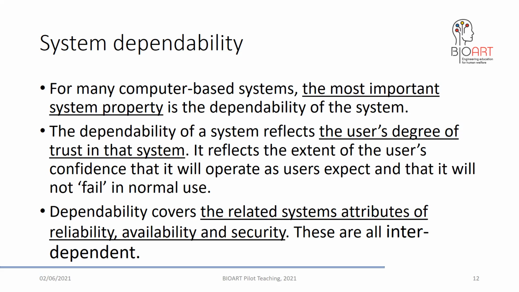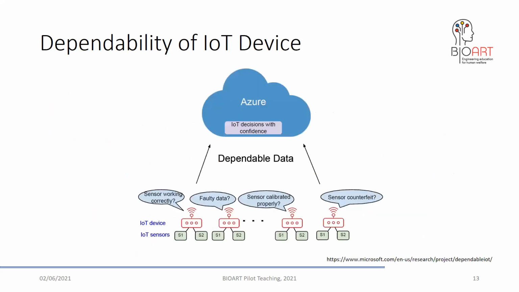It reflects the extent of the user's confidence that it will operate as users expect and that it will not fail in normal use. Dependability covers such system attributes as reliability, availability, and security. And we will look at it one by one.